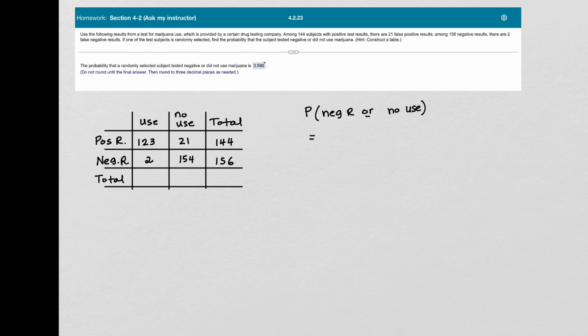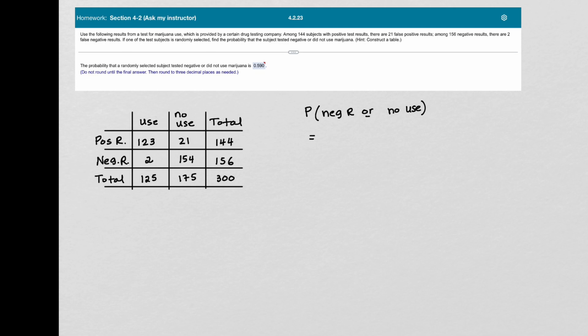So what I'm going to do is total up the people who used marijuana, and there were 125 of those, and there were 175 people who did not use marijuana, and so that gives me 300 total, and I can get that by either adding the 125 and the 175 or the 144 and the 156.